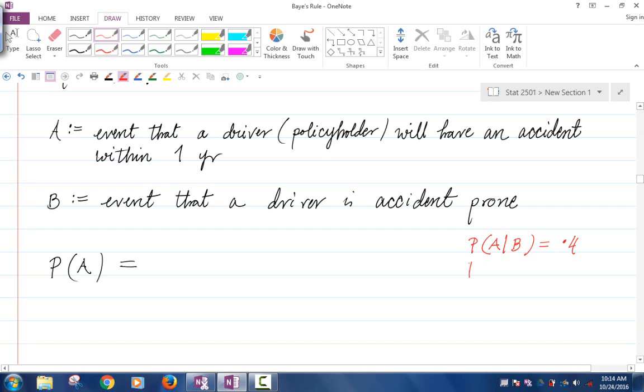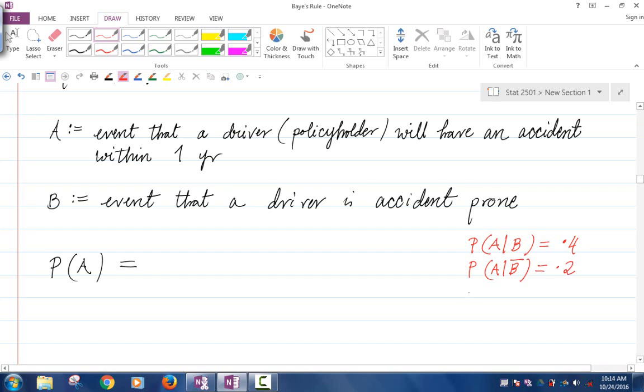The probability of A given B complement, that is the probability that a driver is going to have an accident within a year, given that he is not accident prone, is given to be 0.2.